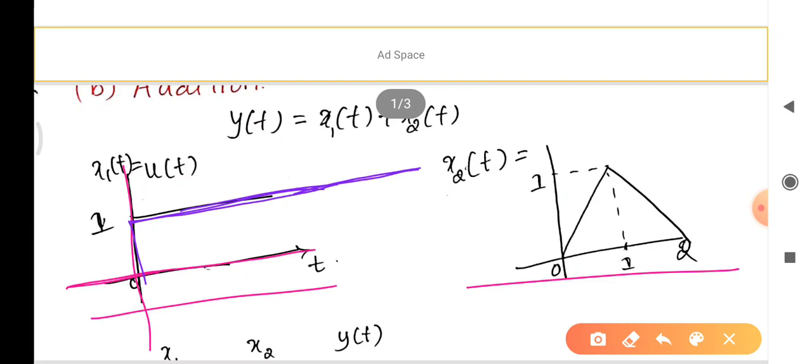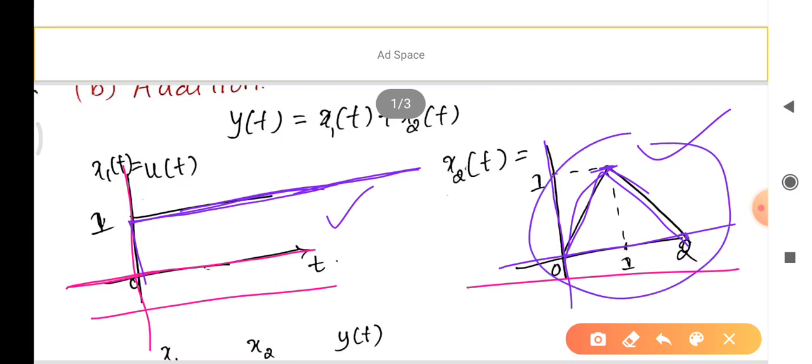Then this signal you are supposed to add with this triangular signal. It starts from 0, reaches a maximum of 1, and then ends at 2. It is a fixed, defined, continuous signal. So these two we need to add.